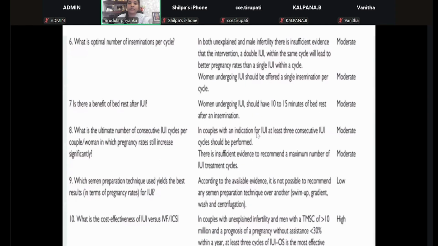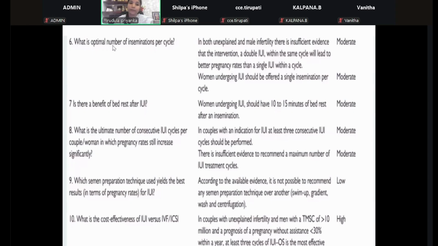So these are some of the important points. This I have taken from Human Reproduction Update 2018. These are global guidelines for good practice of IUI, where they have done a review and systematic analysis of all the evidence on IUI and given some recommendations.